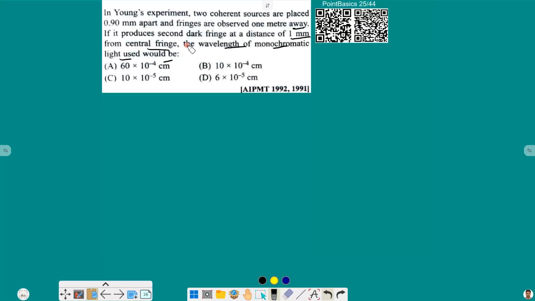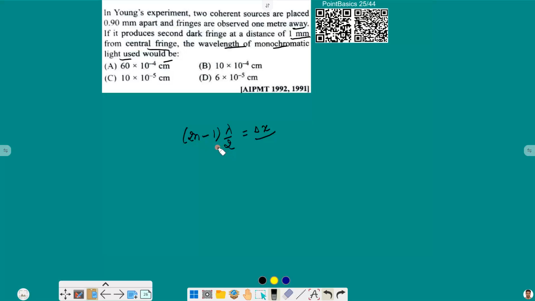So here, condition for a dark fringe is given by path difference equal to (2n minus 1) into lambda by 2. This is the value of the path difference of the darker fringe, and from this we can calculate the distance from the central fringe.